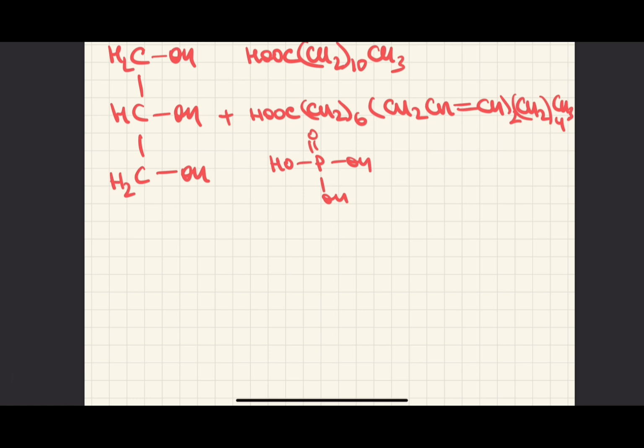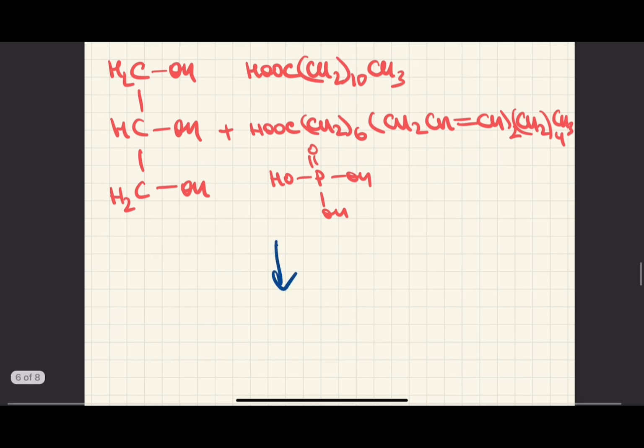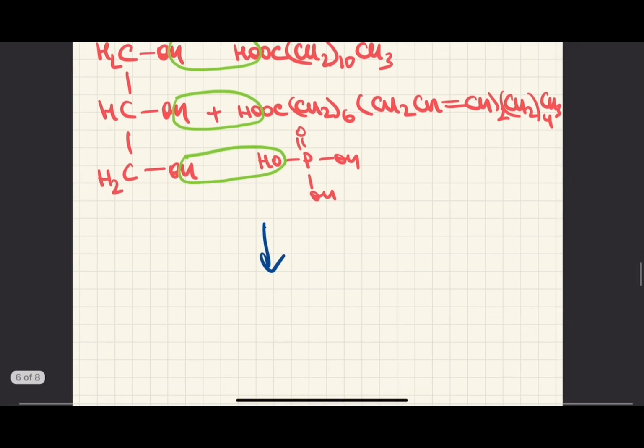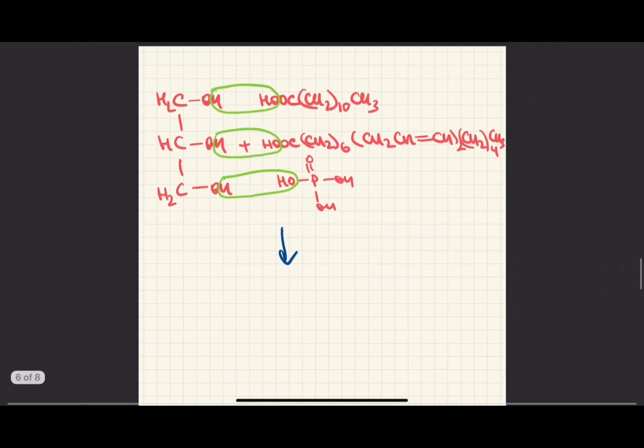And now we're going to combine them. All you need to do is get the water out from here. So I'm just going to do like this, and like this. And then I'm just going to combine them.